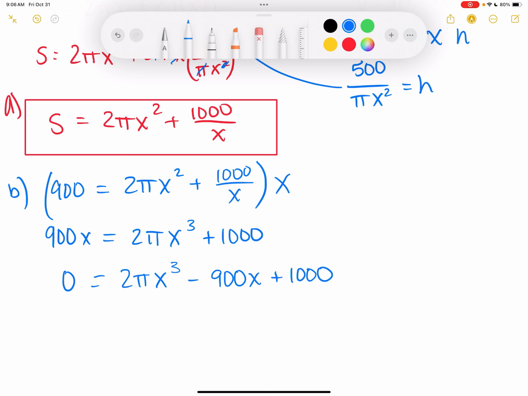Is it factorable? I hope so. So they can still be factored. They can keep the 2 out. I would recommend probably graphing this and finding where it crosses the x-axis.